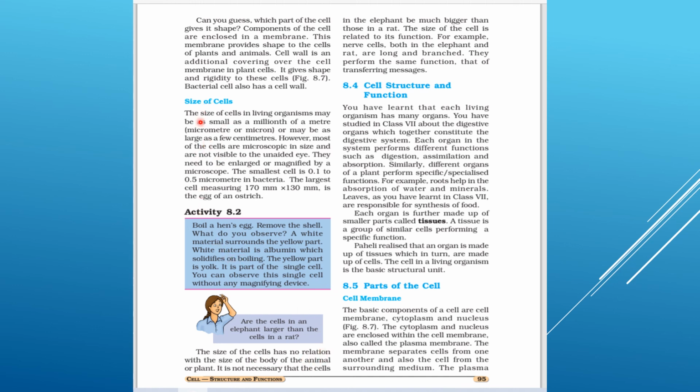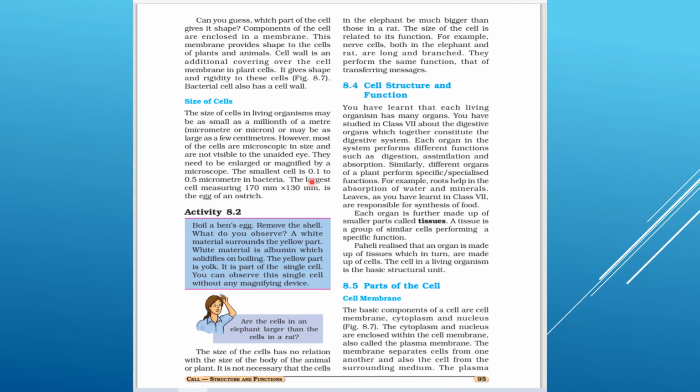And one more thing, the size of the cell. The size of cells in living organisms may be as small as a millionth of a meter, that is, in micrometers or microns, and as large as centimeters. They can be seen with the help of a microscope, or they are visible with the unaided eye also.